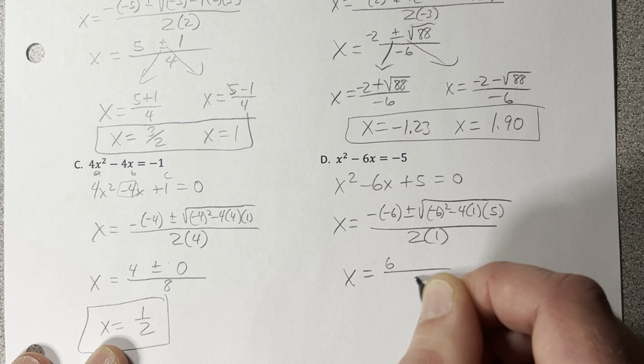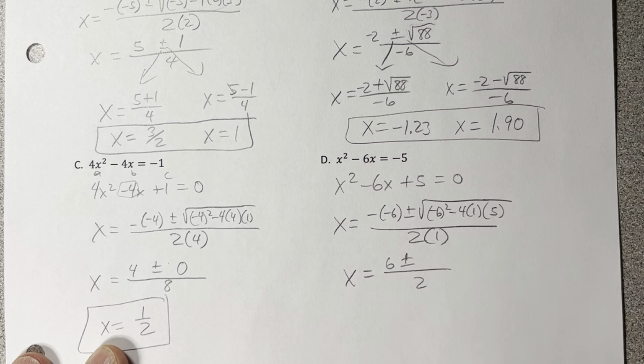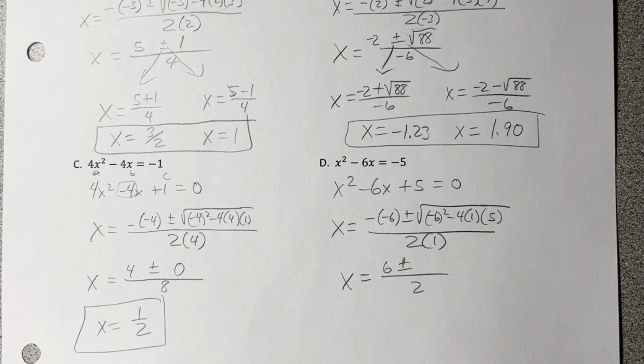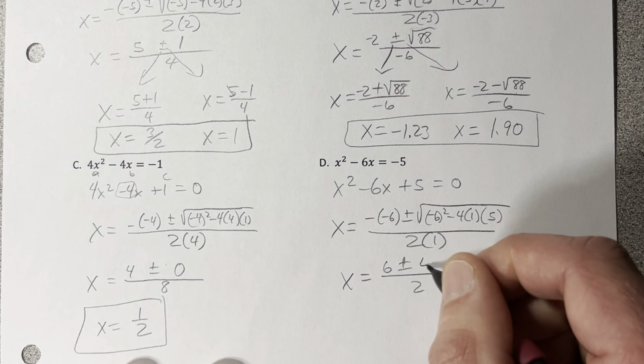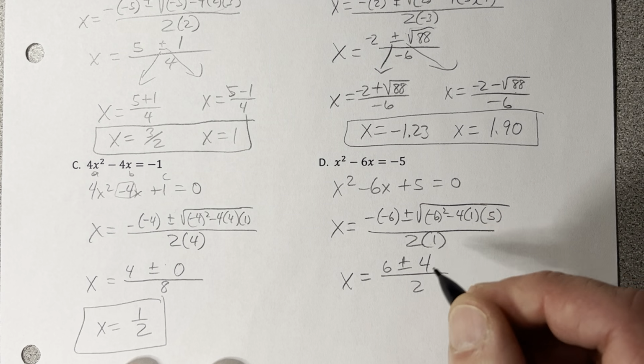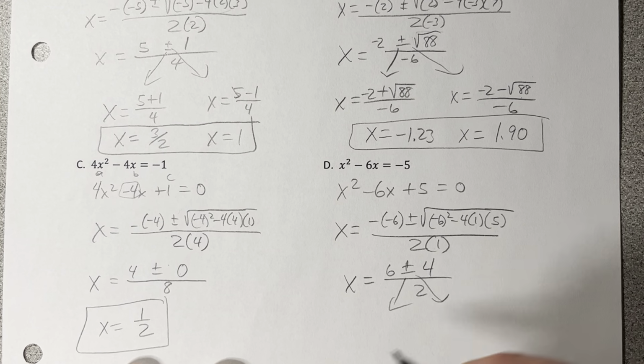Simplify there, simplify there. Maybe grab a calculator. I get 16, but the square root of 16 is 4. So I'm going to go ahead and do that. I'm going to get 4 right there. And then, yeah, I got my 2 problems.